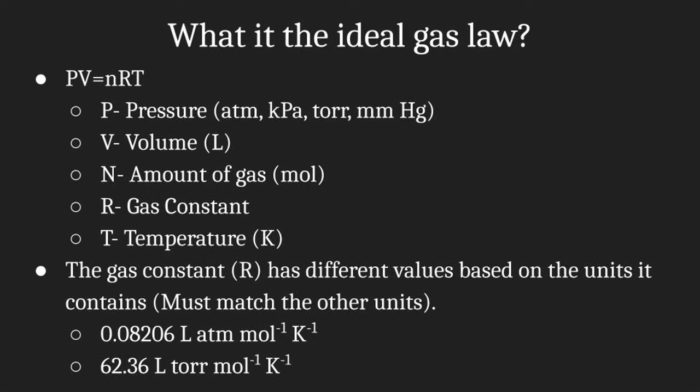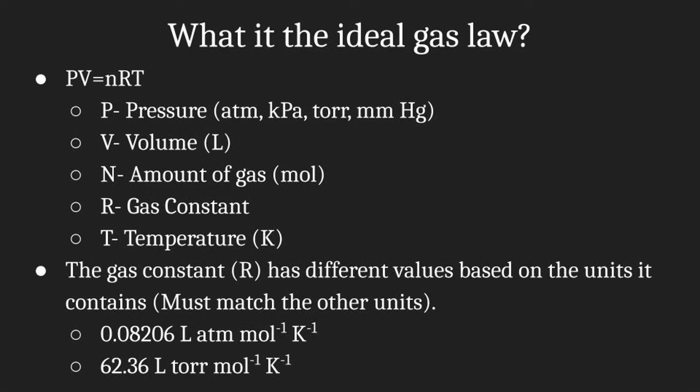Now, we'll only use that if our pressure is in atmospheres. If it's in torr, for example, we use a different constant, where it's 62.36 liters torr moles to the negative first, Kelvin to the negative first. There are more forms of this constant, but for this video, we're only going to use these two.